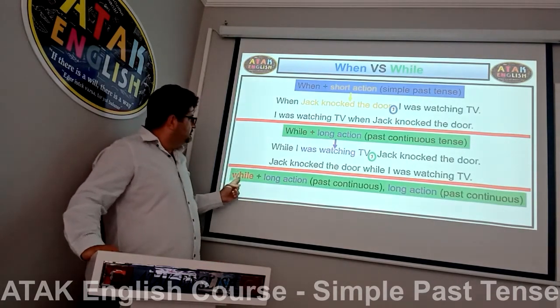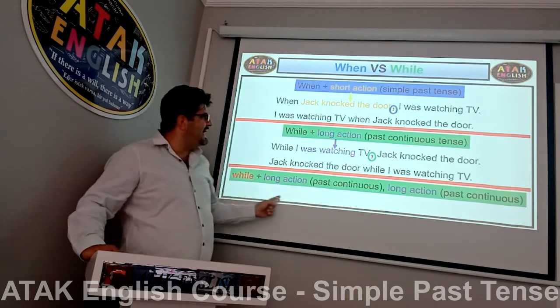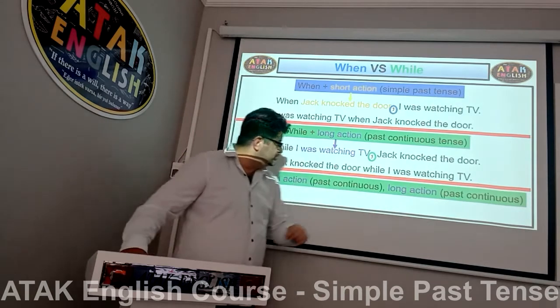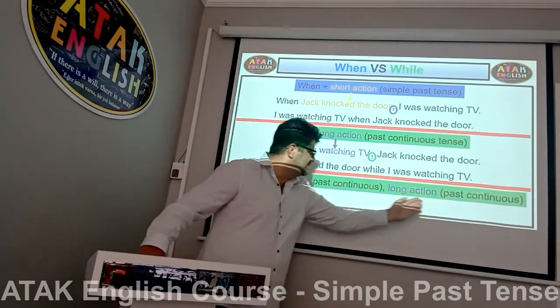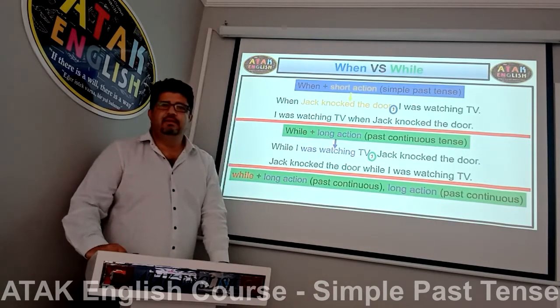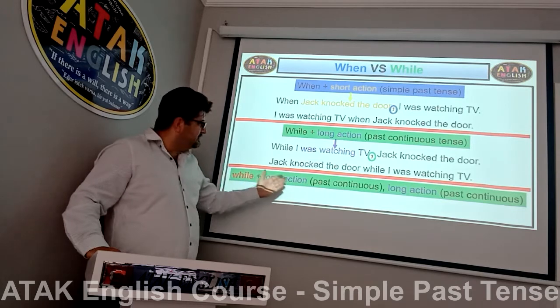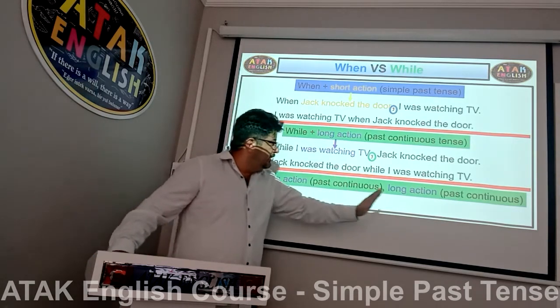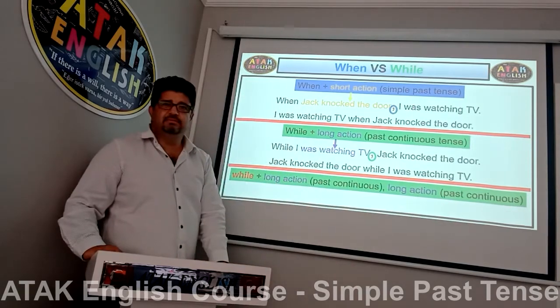Also, in the usage of while, in a combined sentence like a while clause and a main clause, as you can see, both sides can be in past continuous form. While plus long action in past continuous, comma, another long action in past continuous form.